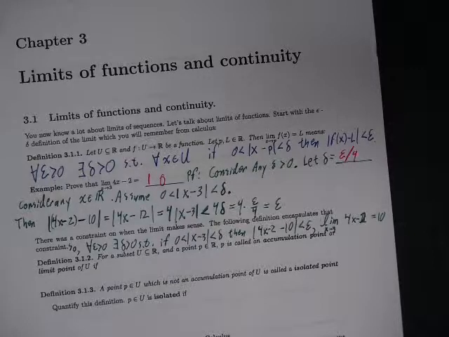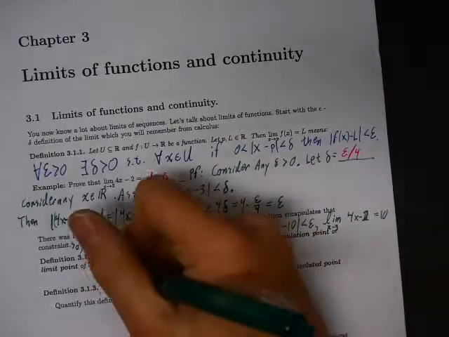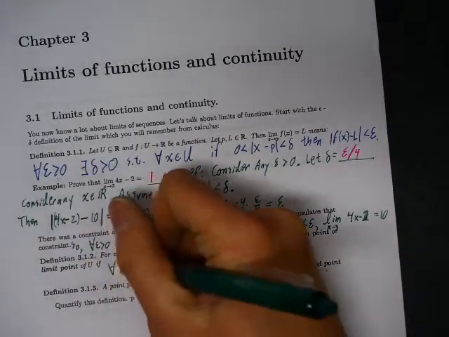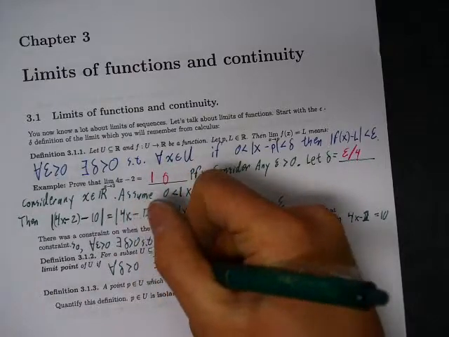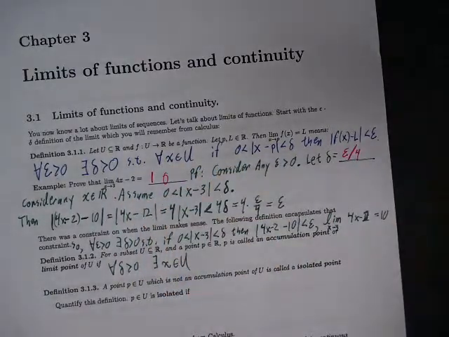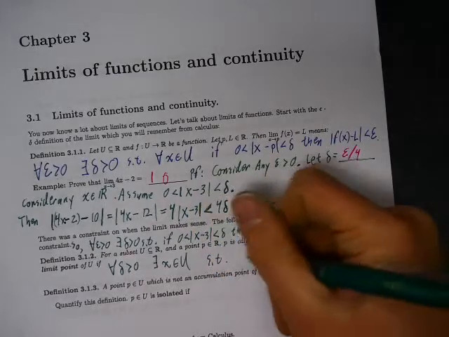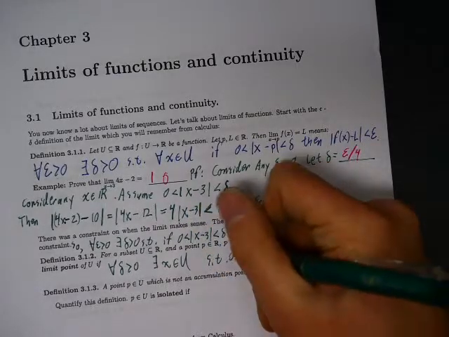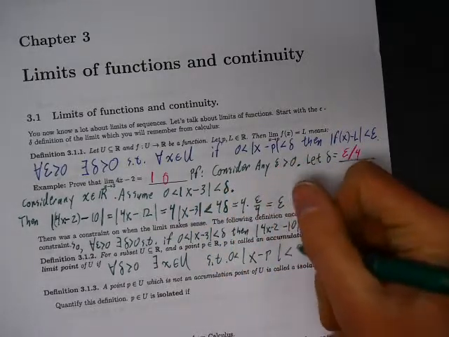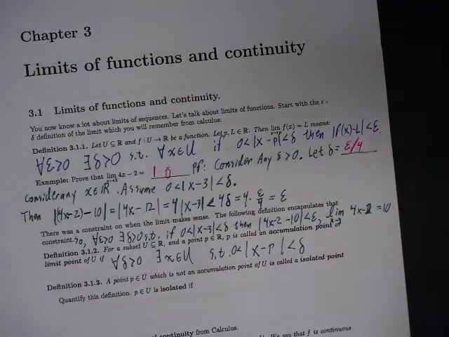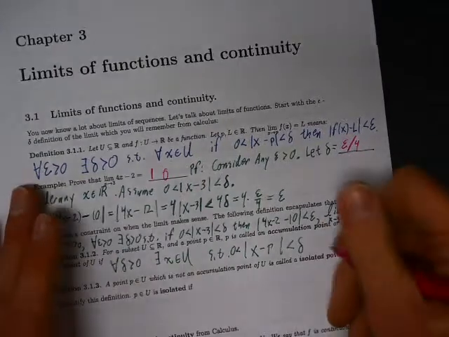A point is a limit point of a subset if for every delta bigger than 0, there exists some x in U such that 0 is less than the absolute value of x minus p is less than delta. Let's write in words what that means.